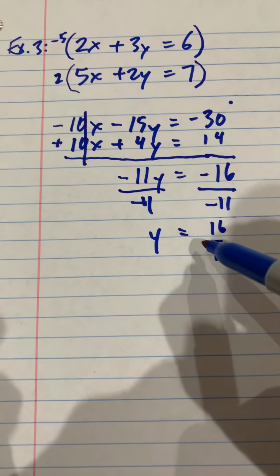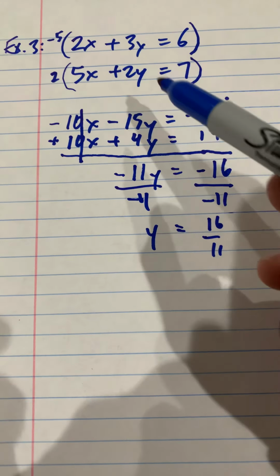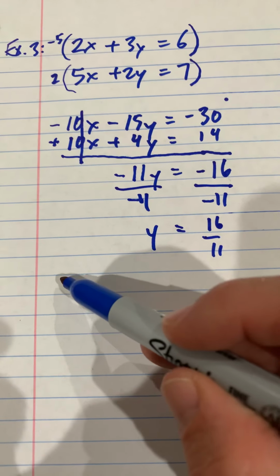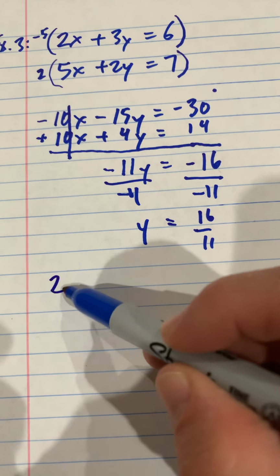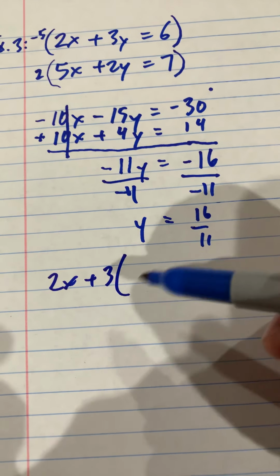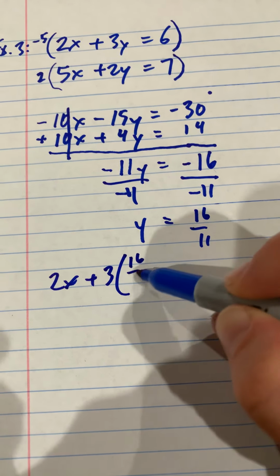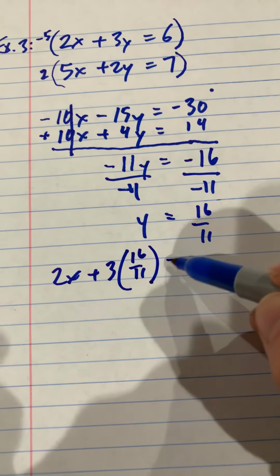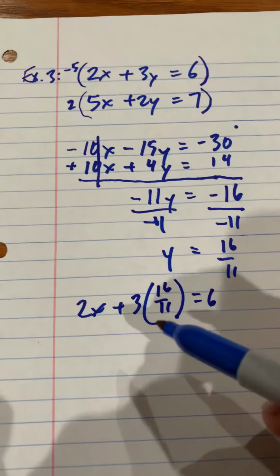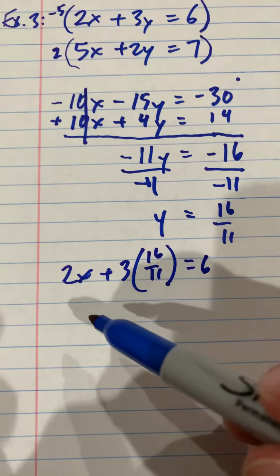So let's just plug this 16 over 11 in for this y right here. We're going to rewrite the top equation. So 2x plus 3 times 16 over 11 equals 6. Let's go ahead and multiply this out.